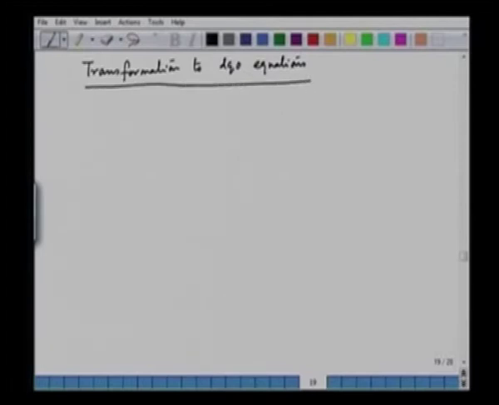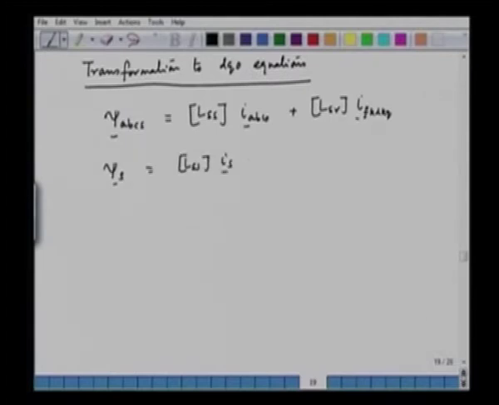All right. So, what we have here is the following. We have psi ABCS, that is equal to LSS is a matrix into IABCS plus LSR into IF KD KQ, or we can write down in the following fashion: psi S is equal to LSS into IS plus LSR into IR.